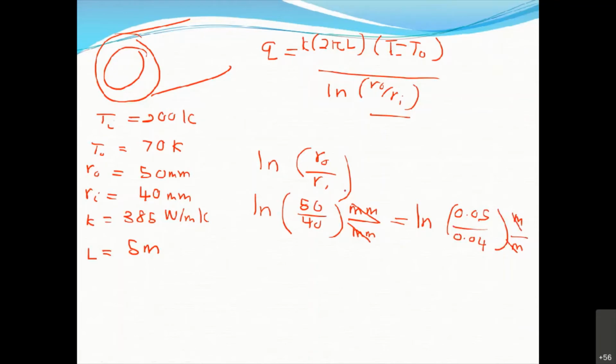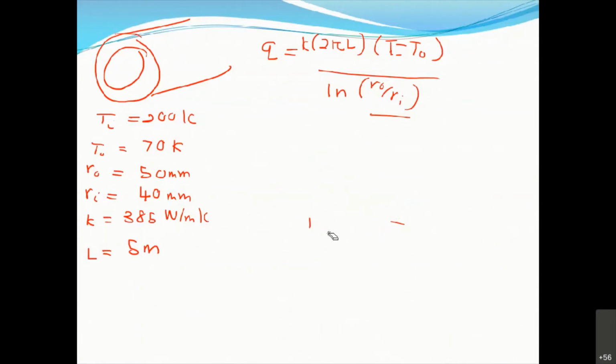But if you think it's easier for you to change all the units, it is better and safer to change everything into SI units. You will get the same answer, whether it is in mm or whether you change it into meter, depending on you. So if you are not confident enough, better you change everything into meter.